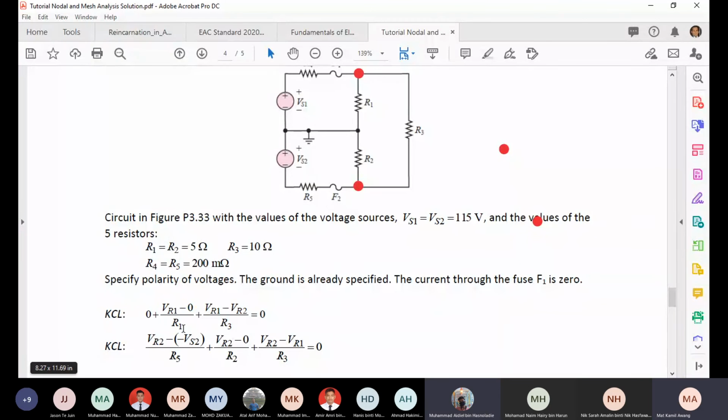This is the equation. Basically this is actually VR2 minus VS2, or since the polarity is reversed, it's minus VS2 over R5. Okay, clear?